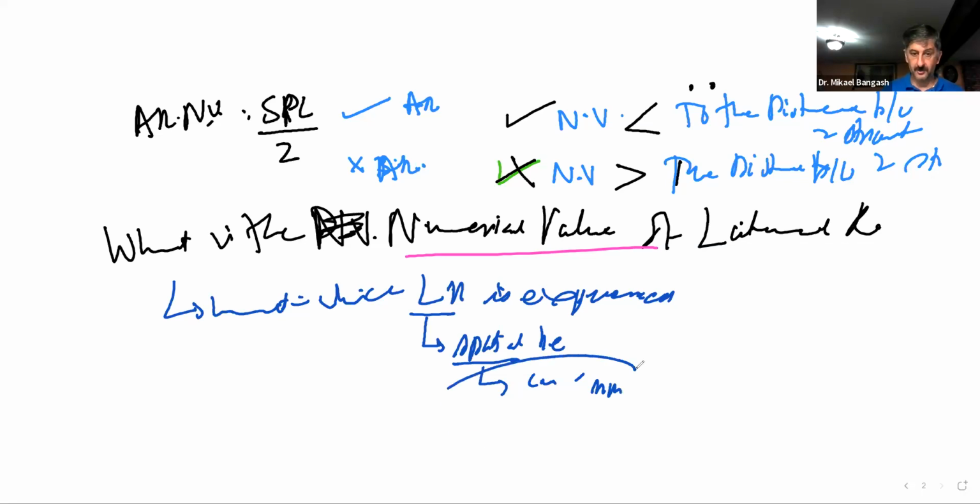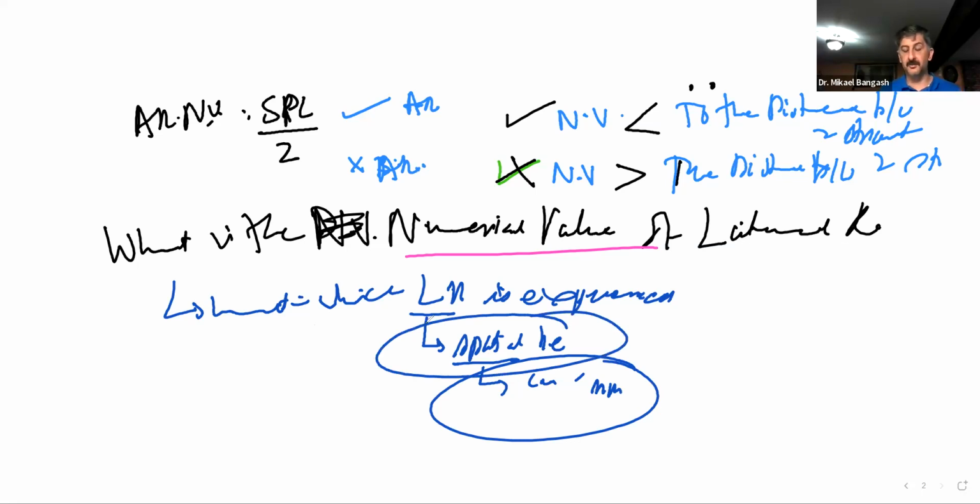So that's going to be expressed using a unit of distance. Why? Mainly because lateral resolution was a type of spatial resolution, a resolution pertaining to space, area, distance, etc.